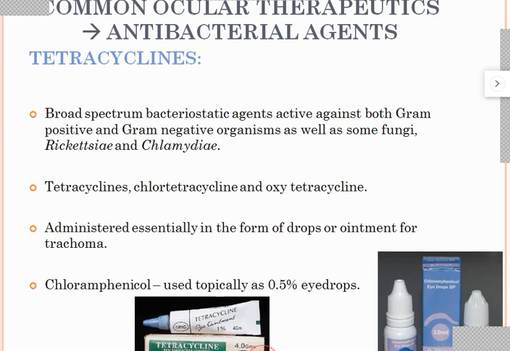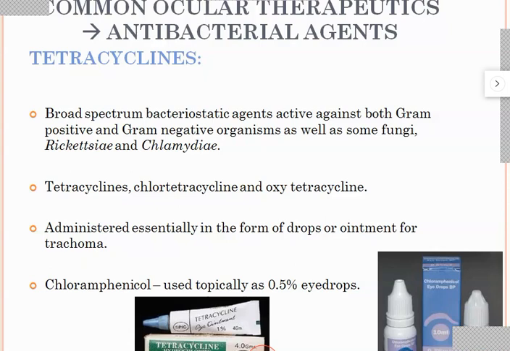And the next one, the tetracyclines. It is a broad spectrum bacteriostatic, active against both gram-positive and gram-negative organisms as well as some organisms like rickettsiae and chlamydiae. Tetracyclines are mostly used to treat chlamydial infections, trachoma cases.